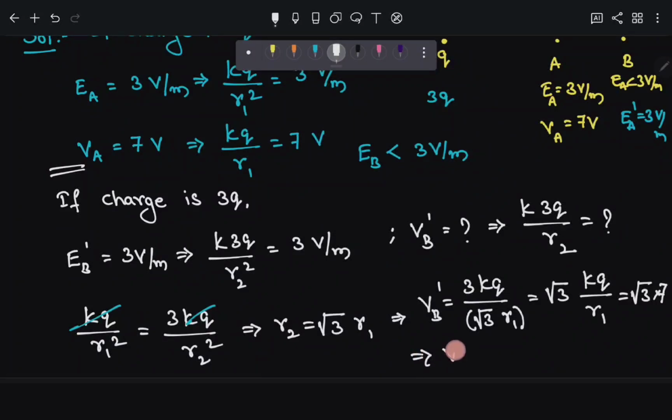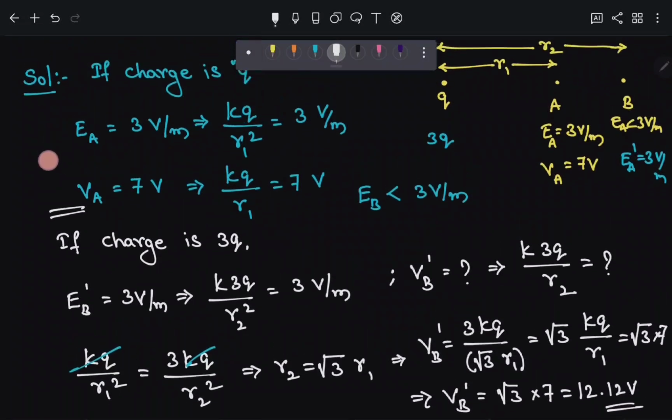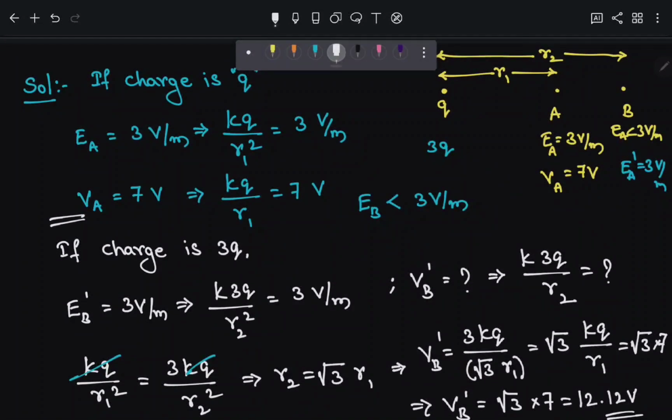So VB dash is equal to root 3 into 7, which is exactly equal to 12.12 volt, which is 12 volt approximately, because they asked you nearly. So nearly it is going to be 12 volt. Thank you. We'll meet with one more problem in the next video.